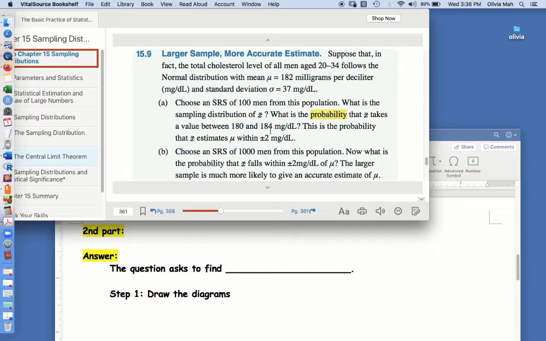So you have one and only one sample mean. So you are asking, if I take one and only one sample mean, what are the chances that my sample mean takes on a value between this and that number? So what are the chances that my sample mean falls within a certain range? Okay, so that's the basic idea of the second part.